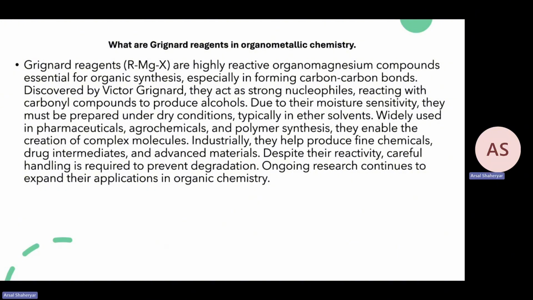Due to their moisture sensitivity, they must be prepared under dry conditions, typically in ether solvents, and are widely used in pharmaceuticals, agrochemicals, and polymer synthesis. They enable the creation of complex molecules.